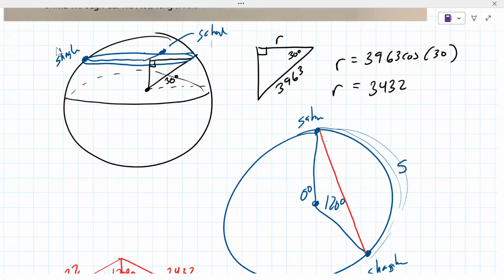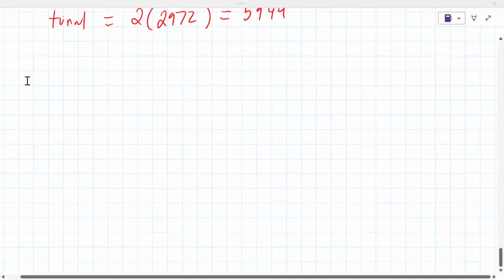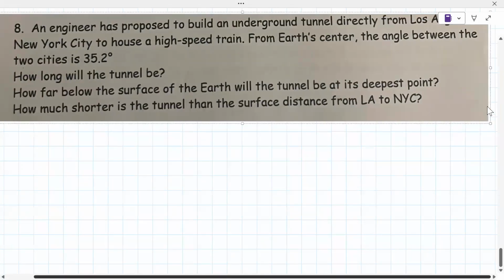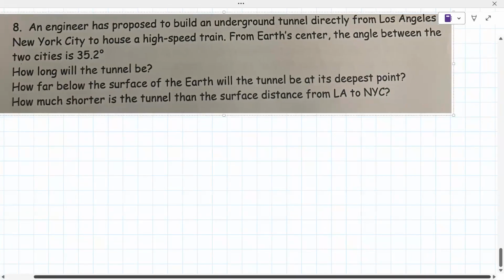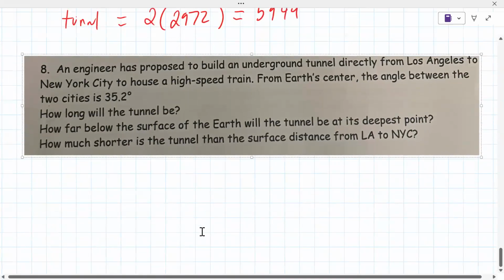Okay. I think we can get the last one done. I really hope the students in class got a globe or something you could look at. All right, so an engineer has proposed to build an underground tunnel directly from Los Angeles to New York City to house a high-speed train.